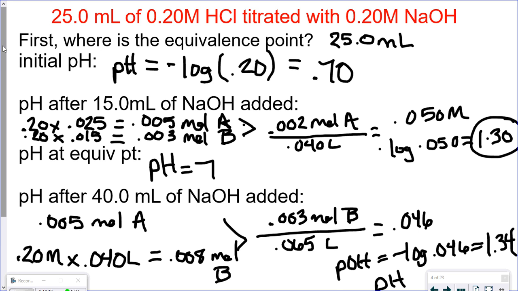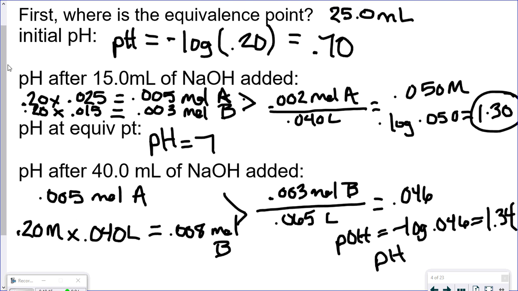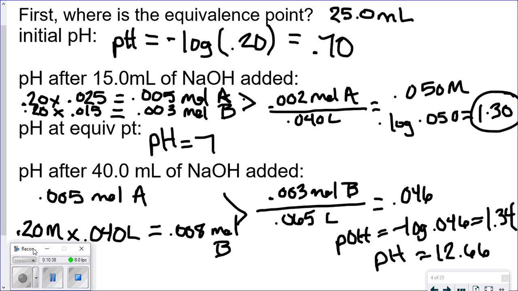Let me scroll down a little bit so you can see. So when we subtract that from 14, we get that our pH is going to be 12.66. So these are points that you could plot on a titration curve to give you the general shape of the curve. And yet again, all of this was for a strong acid and strong base.